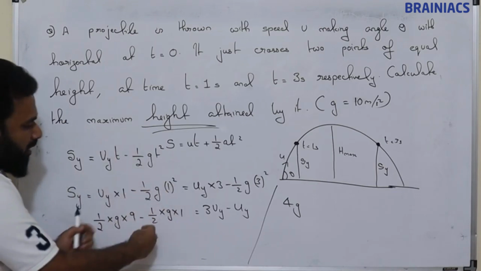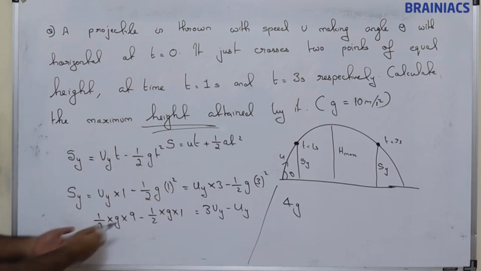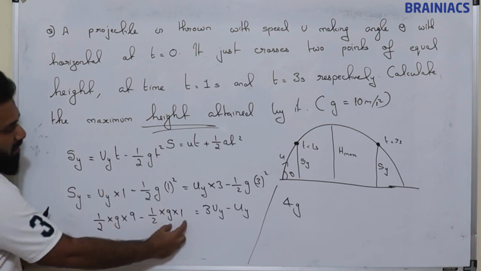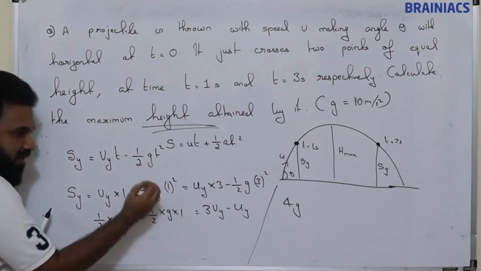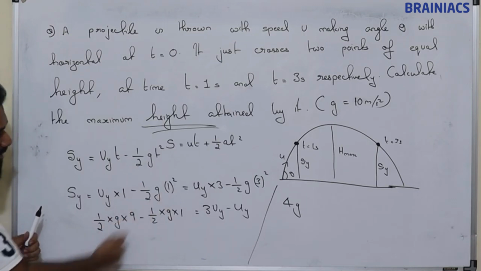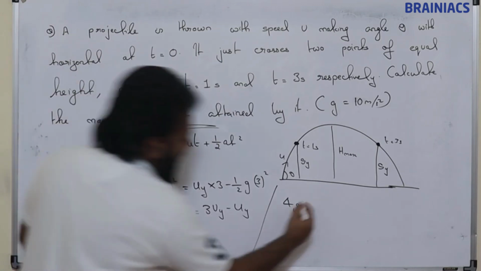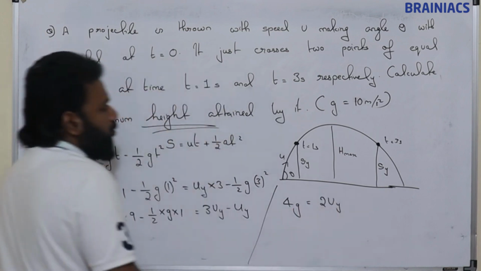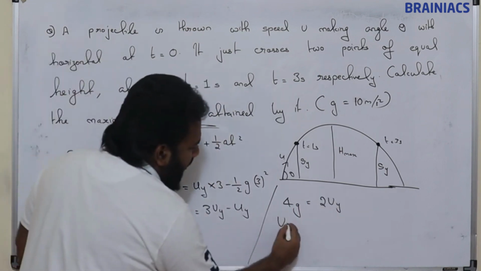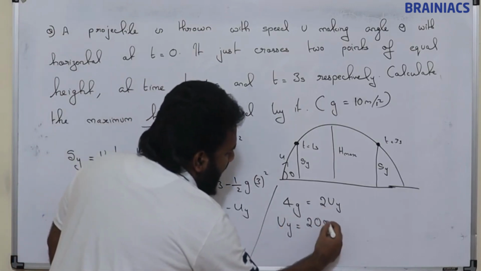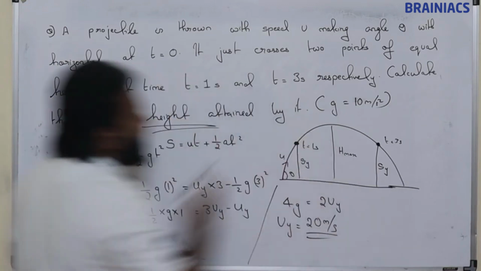Try to do maximum steps in mind itself, so that the calculation is easy. So 4g is equal to 2uy, so uy is equal to 40 by 2, which is 20 meter per second. I got it.